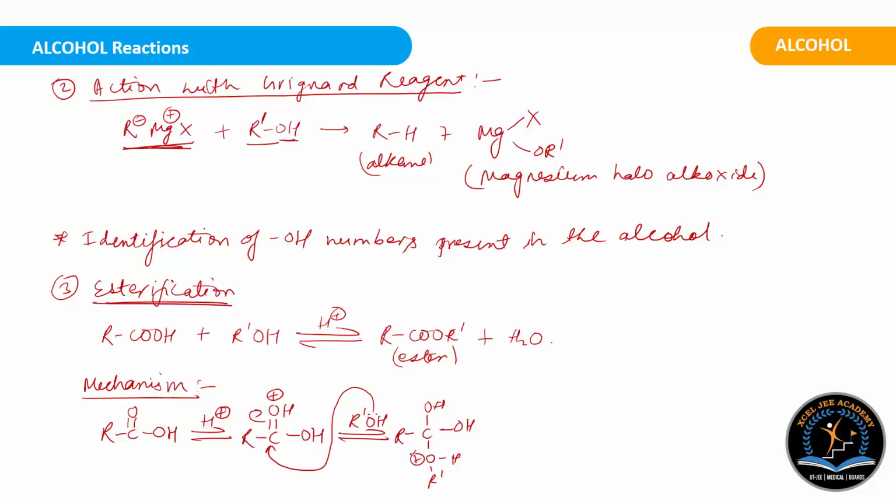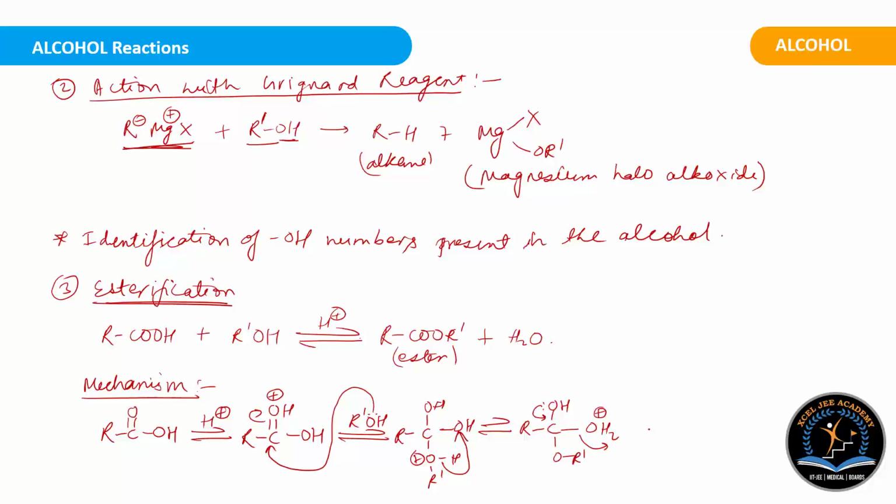Now this proton will shift to this OH group. Therefore we will have RCOH, then in this one we have OH2 plus with O and R', that is attached to this one. Okay, so this is the compound. Now this oxygen has a lone pair which will come back, and this water will be removed.